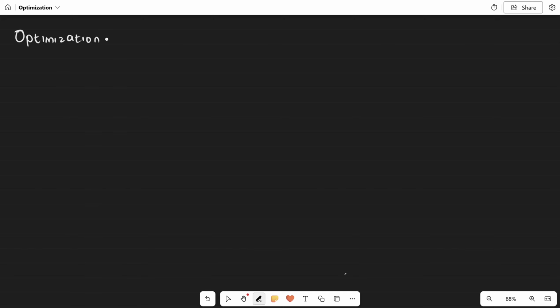So when we talk about optimization, it simply means that we are finding the best solution to a problem, right? So this is the simplest way to explain optimization.